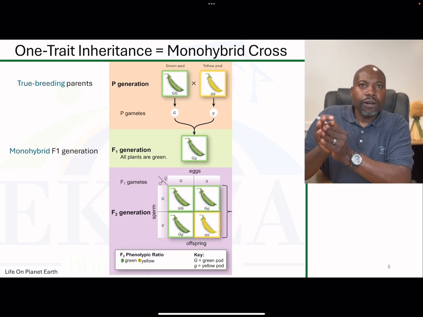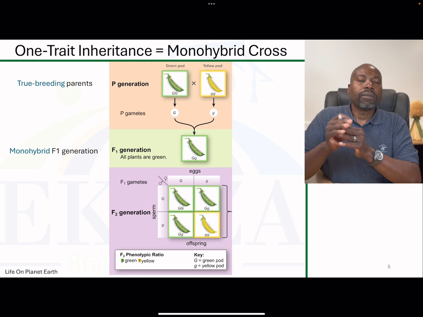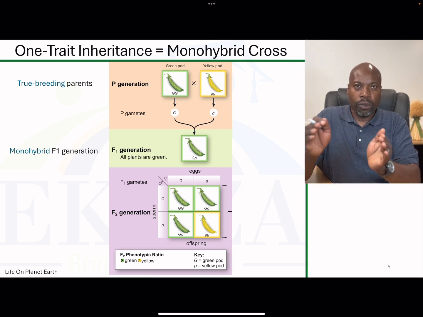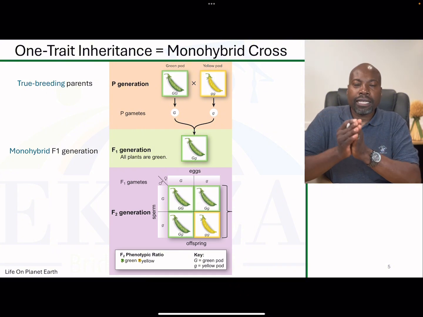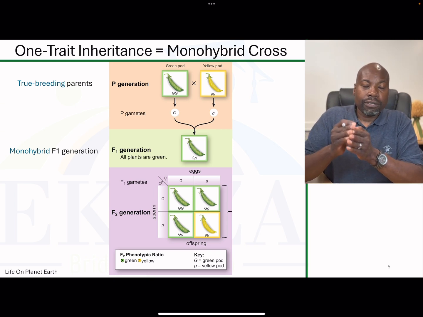Now, the first aspect we are going to take a look at is the one-trait inheritance. What we mean by one-trait inheritance is that Mendel could look at, say, the color of the seeds. That alone would constitute one trait. He could look at how seeds were shaped. Were they wrinkled or round?